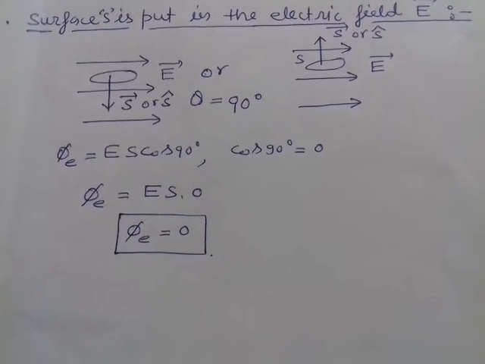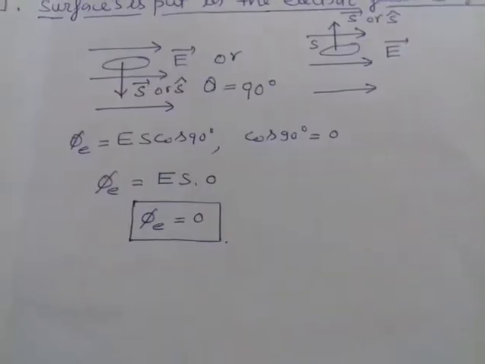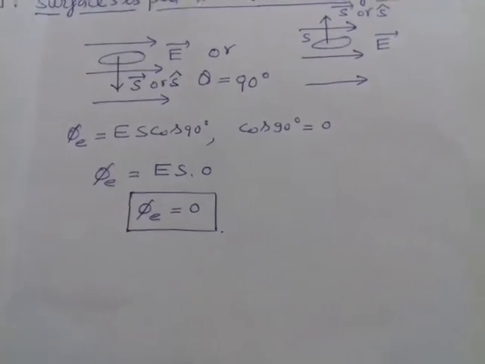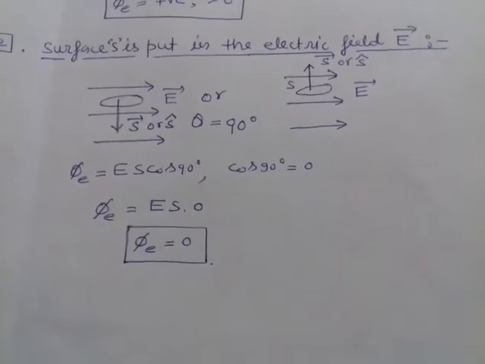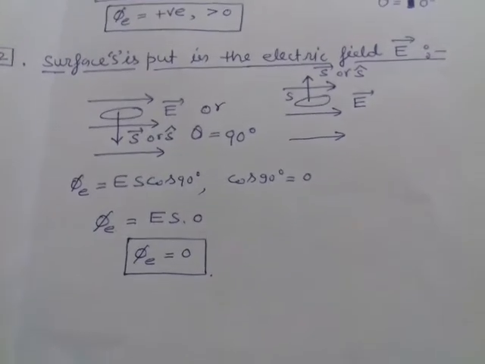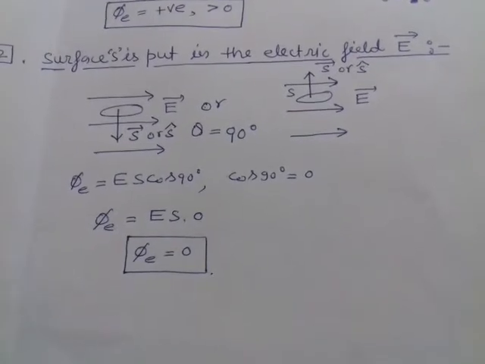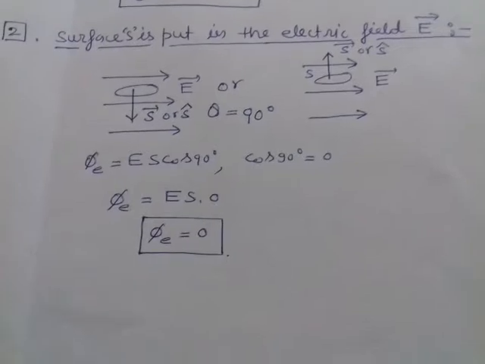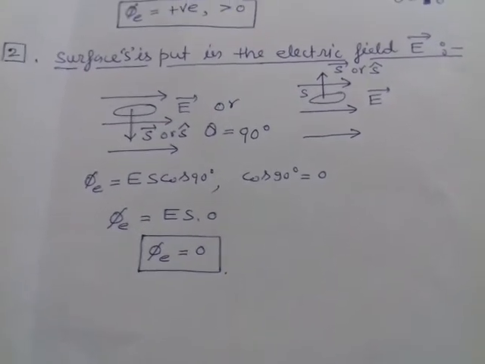Theta is 90. So phi E is ES cos 90. Cos 90 is 0. So phi E would be 0. It means when surface S is put in the direction of electric field E, the direction of area vector makes 90-degree angle with the electric field, which results in the electric flux linked with the surface being 0.